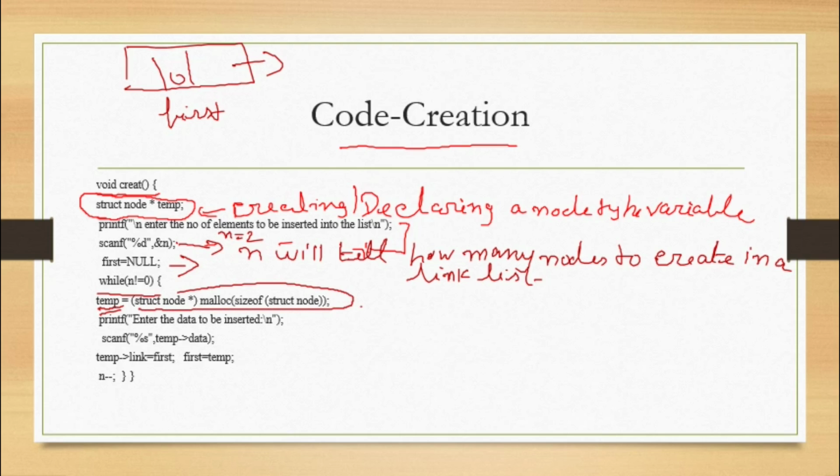So here memory allocation for the temp variable is done. This temp variable is used only for creating nodes. Later on we change the names.